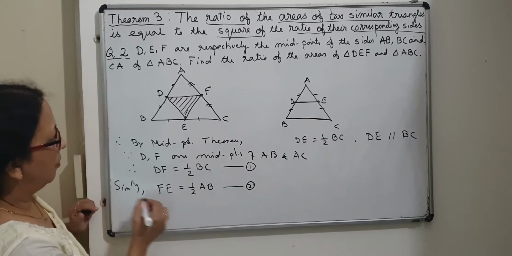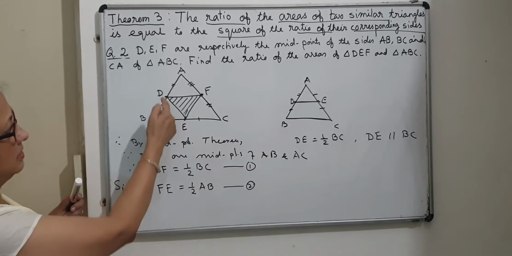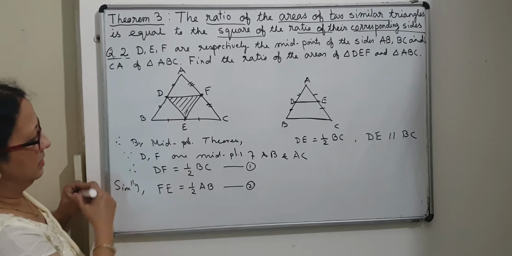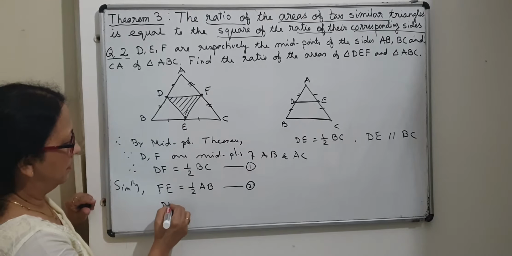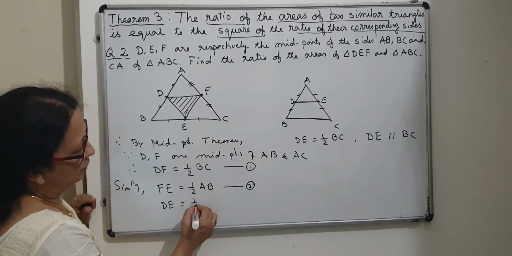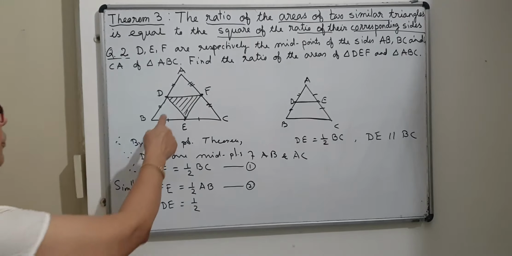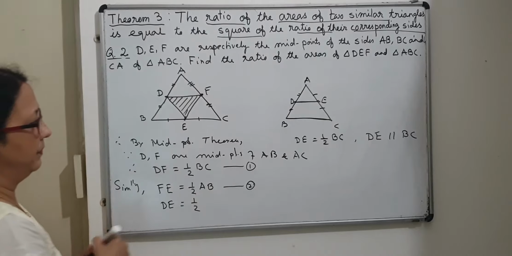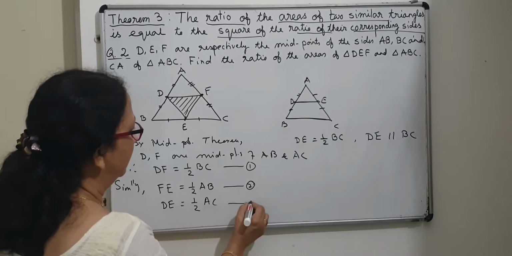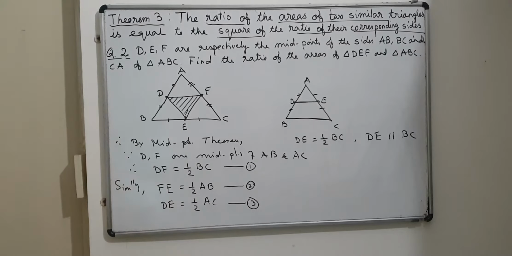Lastly, I take DE. So DE will be half of AC. So you see.